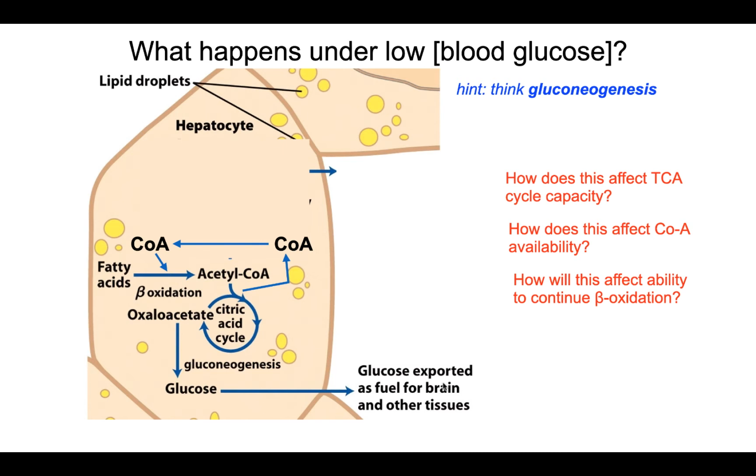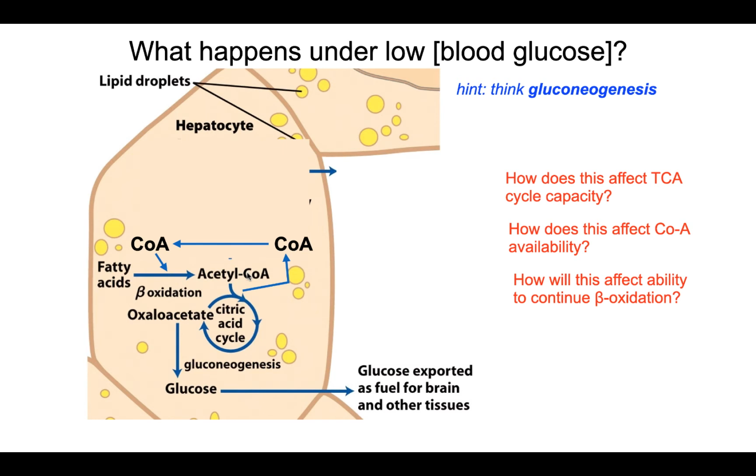Now, here's the problem. When you do that, you begin to reduce the capacity of the citric acid cycle, because you are reducing these intermediates by pulling them out to make glucose. So what that means is, when you make acetyl-CoA, you're using CoA molecules.